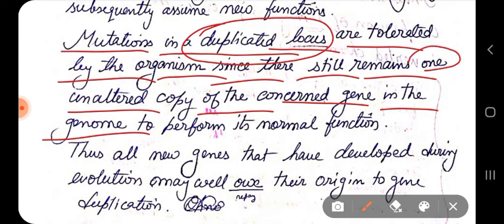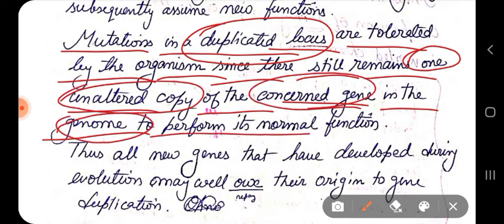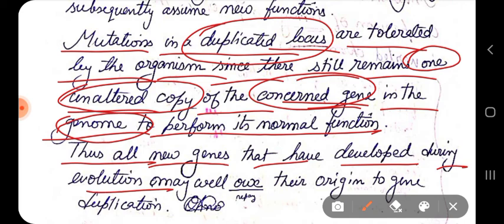Because we already have an unaltered copy of the gene in the genome to perform its normal function. Thus, all new genes that have developed during evolution owe their origin to gene duplication. So duplication leads to evolution, which is a good thing. Okay, and this was what they wanted to say.